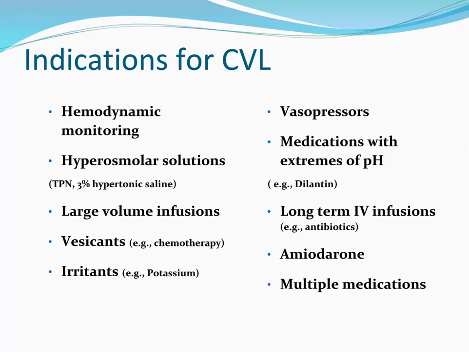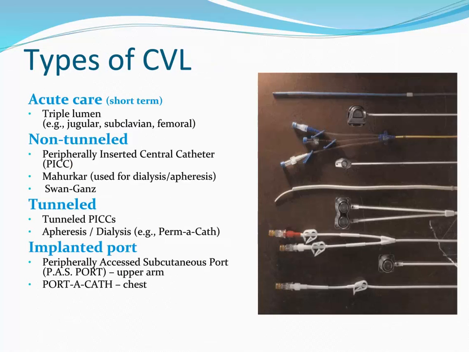We have two concentrations for this drug, and the higher concentration, 500 mg in 50 cc's, must be infused through the central line only. Another indication is the need for multiple medications. We encounter most of these situations routinely in our critically ill patients.